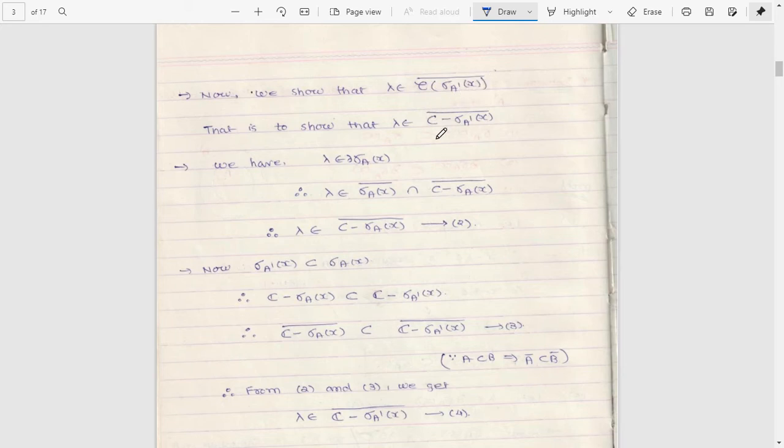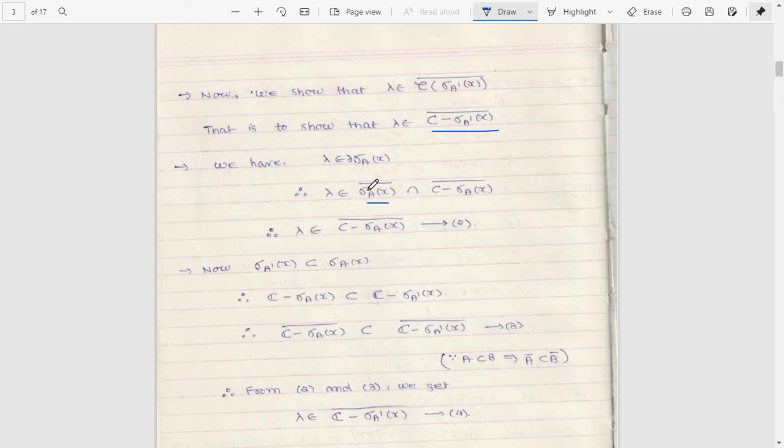That is, to show that lambda belongs to closure of C minus sigma A dash of x. We have lambda belongs to boundary of sigma A of x. So lambda belongs to closure of sigma A of x intersection closure of its complement.